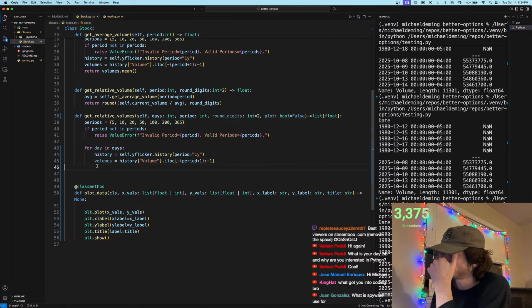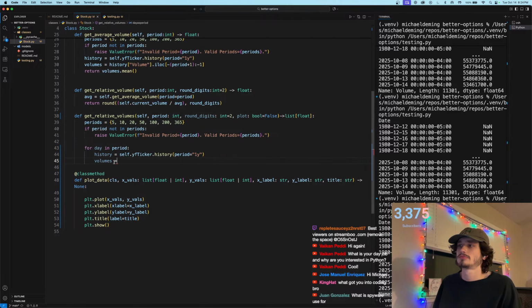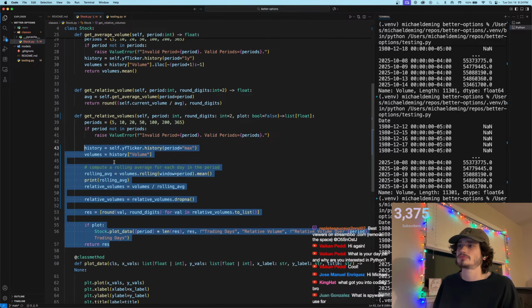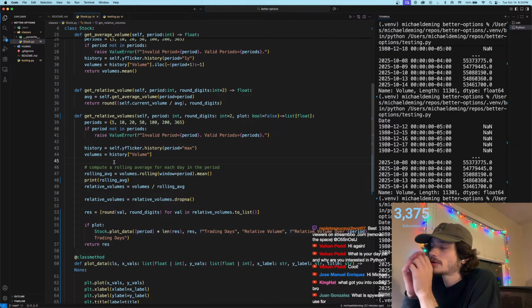No. I'm so stuck. Because this is not what we want. We don't want a rolling average. I want the amount of days, how many days we want relative volumes for.